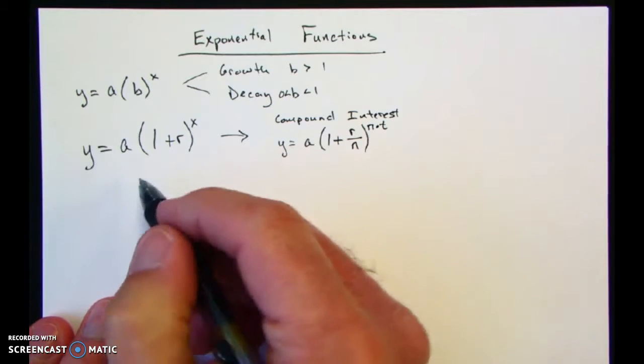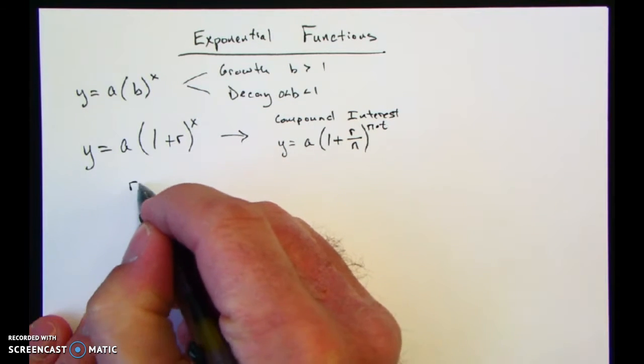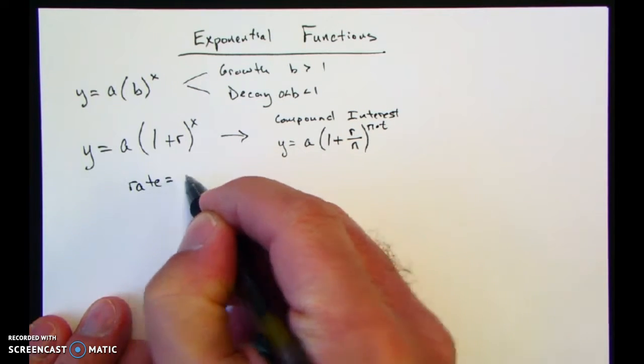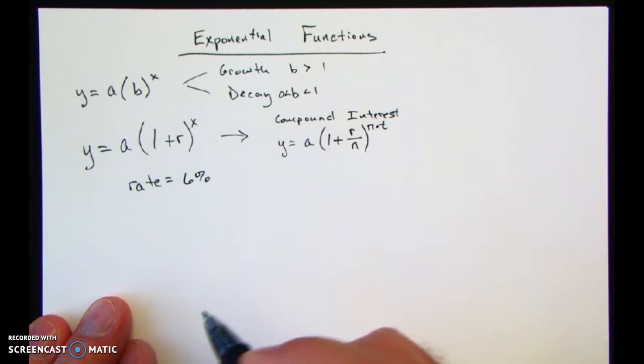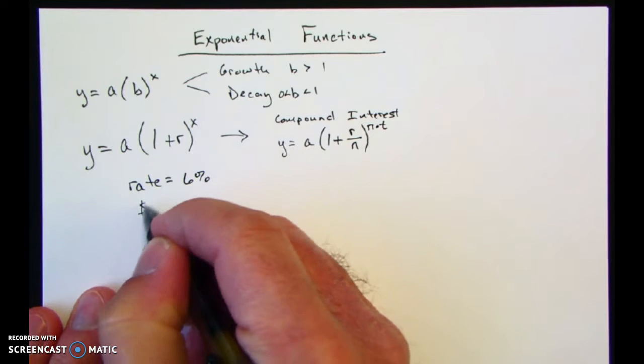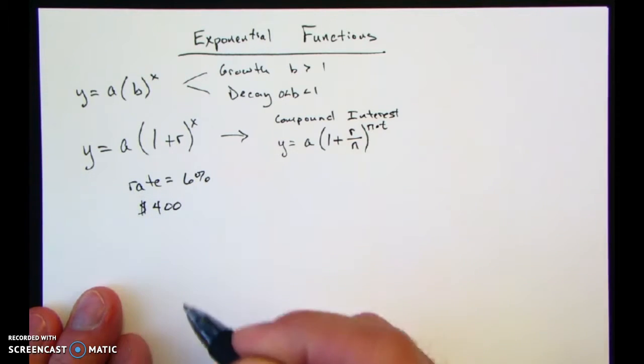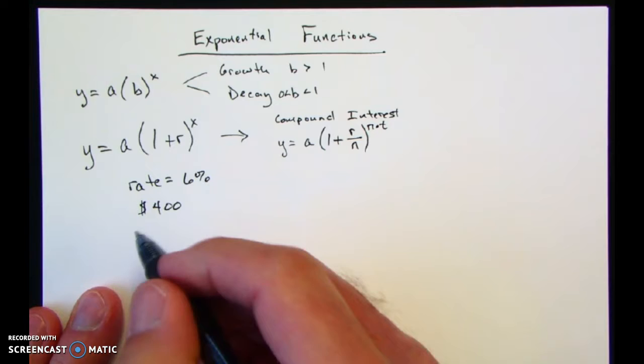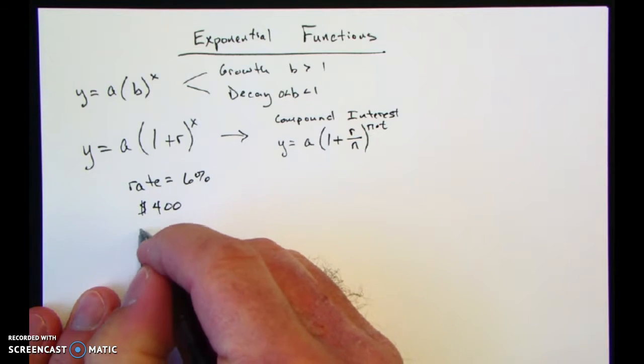So for example, let's say that we have a rate of 6% that we're earning as interest. We're going to invest $400. And let's say that it is compounded monthly for 3 years.